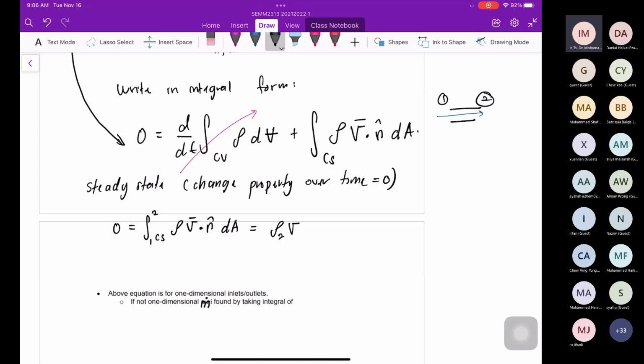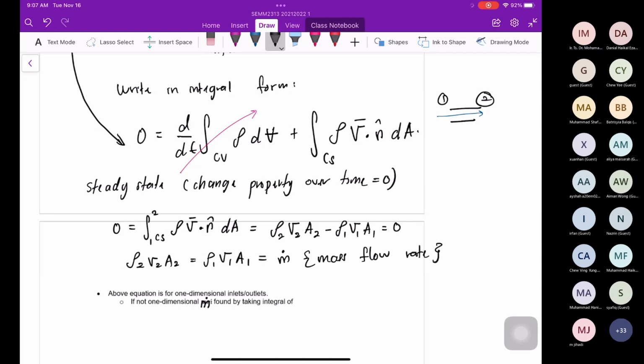So rho 2 V2 A2 minus rho 1 V1 A1 equals 0. So you will get rho 2 V2 A2 equals rho 1 V1 A1. This is basically equal to the mass flow rate.